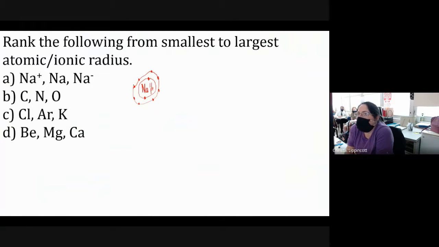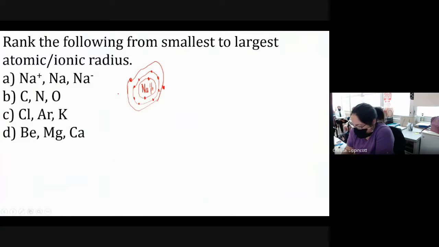Then if I go to sodium, I'm still going to keep the same number of protons, but now I'm adding another layer, another valence shell. 11 protons, 11 electrons. So you can see the difference between these very quickly. This would be the smallest. This would be next. And then if I added one more electron, it's going to get even bigger because now I've got 12 electrons and only 11 protons. So it's going to get further out. Make sense? Okay. All right.